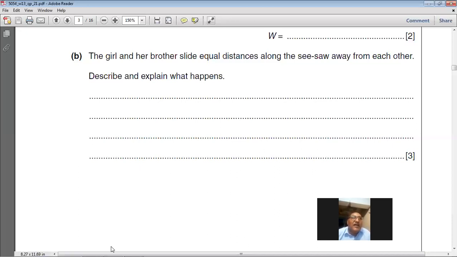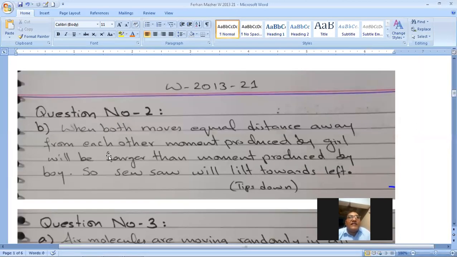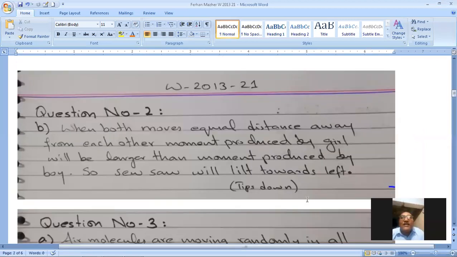Okay, I've written this answer. Let me show you my answer. And this is on your screen. I hope you can clearly see. When both move equal distance away from each other, the moment produced by the girl will be larger than the moment produced by the boy. The reason is the weight of the girl is more than the weight of the boy.